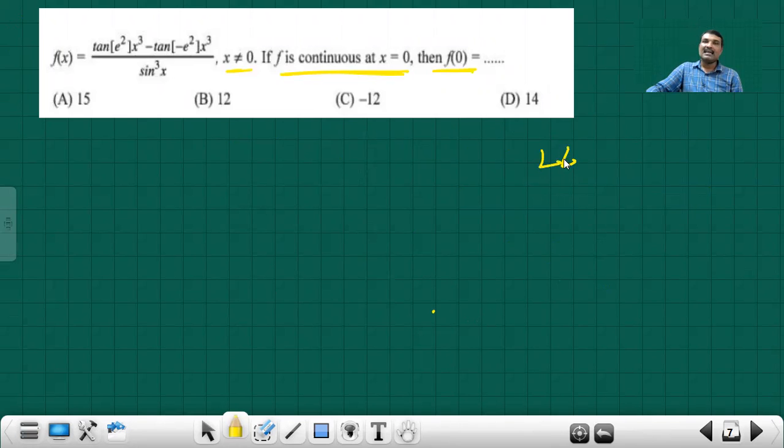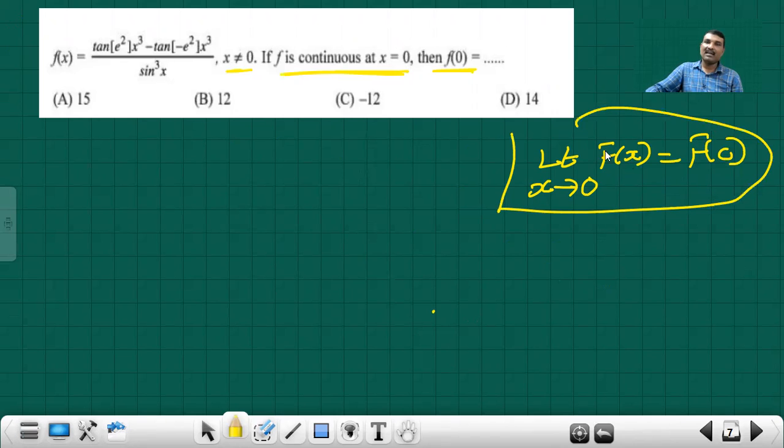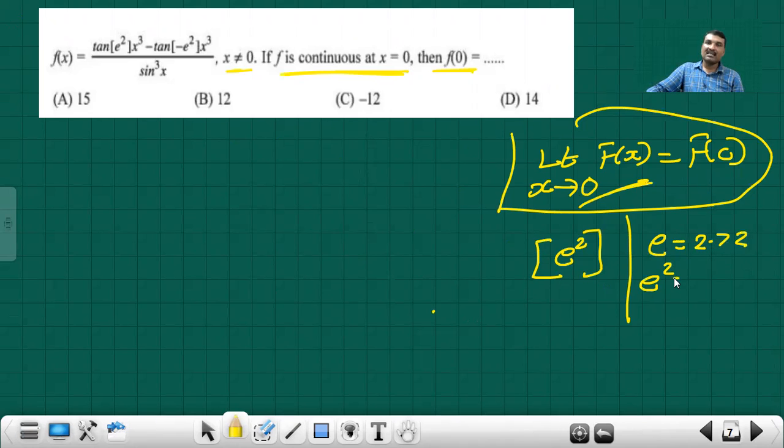That means, since f is continuous, limit x tends to 0 of f of x is the same as f of 0. So we need only to evaluate the value of this. So we have the box e square. What's the value of e? The value of e is approximately 2.72, and e square is approximately 7.3.